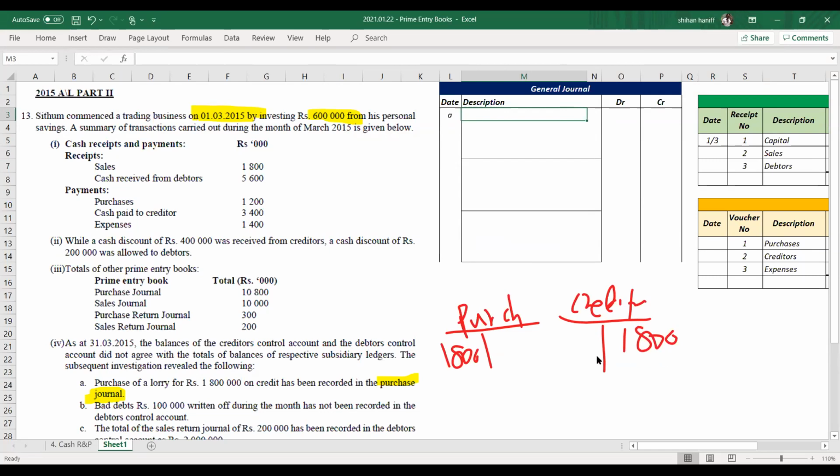But this is not a purchase of trade inventories. This is a purchase of a lorry. When you purchase a lorry, it is a fixed asset, so that should be recorded in the motor vehicles account.